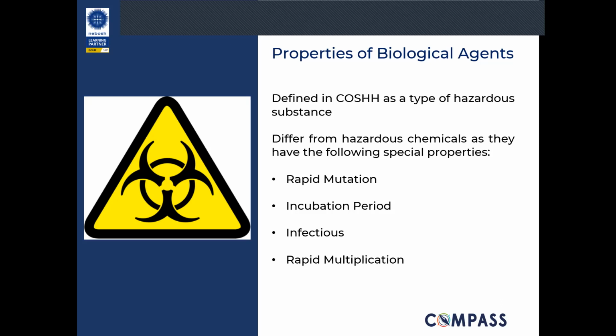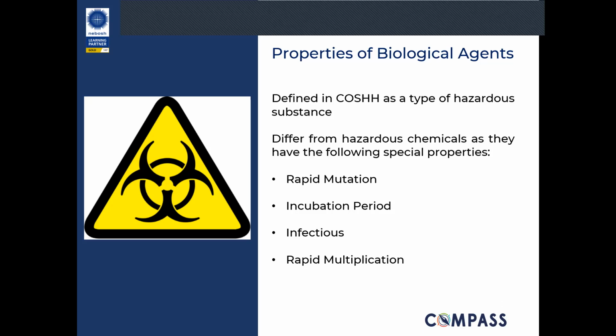So, they differ from hazardous chemicals as they have the following special properties. Yeah, so its ability to reproduce, rapid mutation, the incubation period. Hence, that's why when testing takes place, quite often it can take 3, 4, 5 days, or sometimes 2-3 weeks before it starts to fester, should we say, and build in the right conditions.